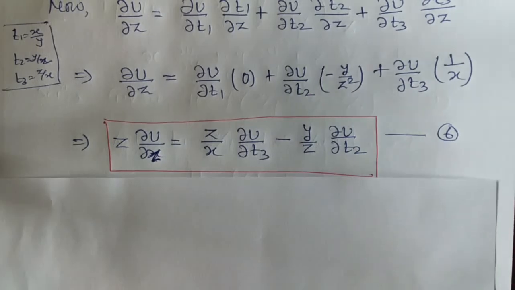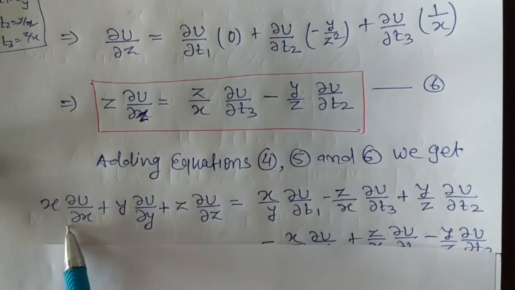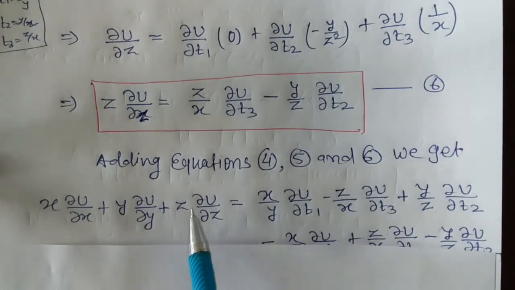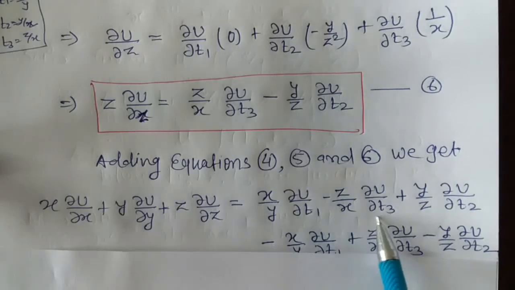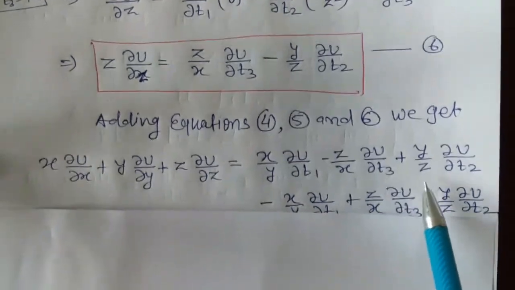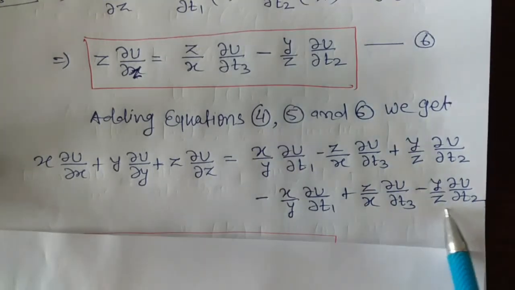So adding equation 4, 5 and 6, we get in left hand side x del u by del x plus y del u by del y plus z del u by del z equal to, in right hand side this is the value of x del u by del x, this is the value of y del u by del y plus this is the value of z del u by del z.